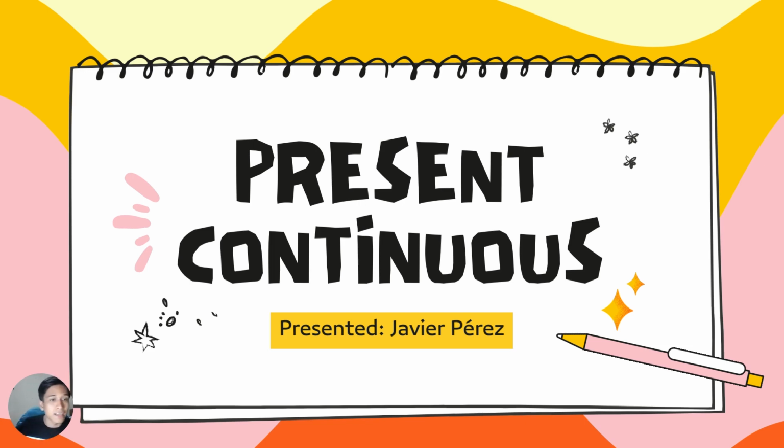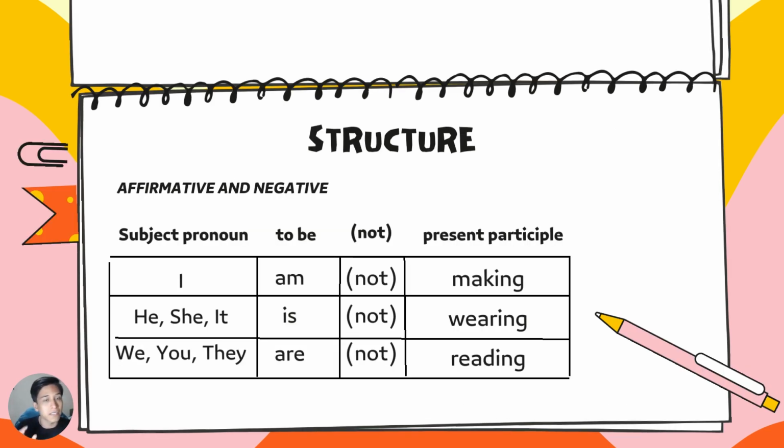So after saying that, let's start with the structure, in this case, in affirmative and negative sentences. And in both of them, we have to begin with the subject pronoun, then the verb to be, and finally, the present participle of a verb.